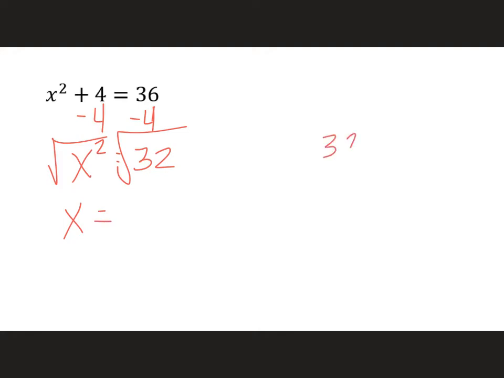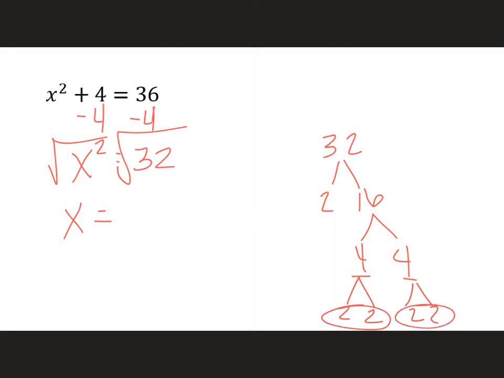So if I go over here and think about 32, it's 2 times 16. 16 is a perfect square of 4 times 4. Since it is a perfect square, I can go ahead and stop, or you may have gone on to 2 times 2 and 2 times 2, or you could have done 2 times 8 and then broken 8 down. Either way, if you do it this way, you'll have 2 pairs of 2s, so you would pull a 2 from both of those out.